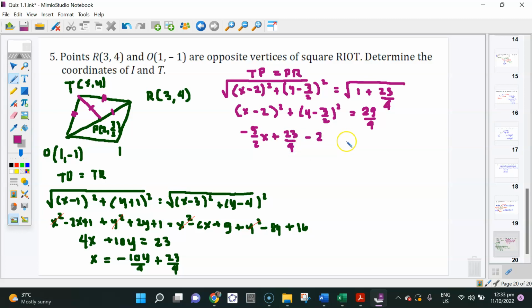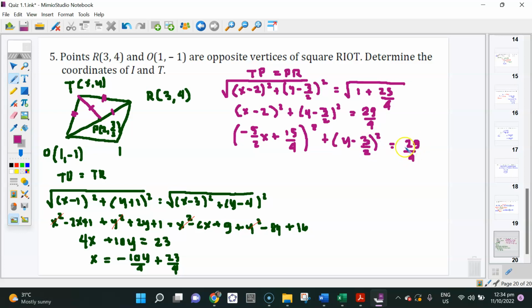So that will be 23 minus 8 over 4, or 15 over 4, squared. Plus (y minus 3/2) squared equals 29 over 4.